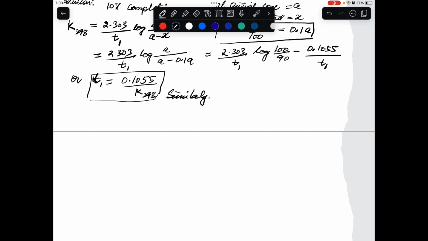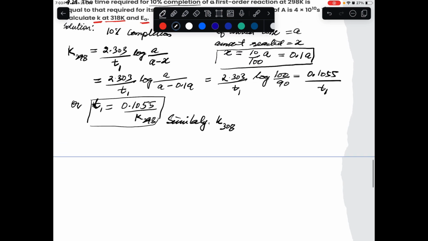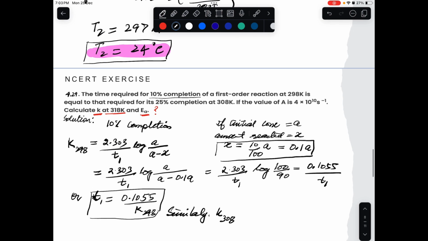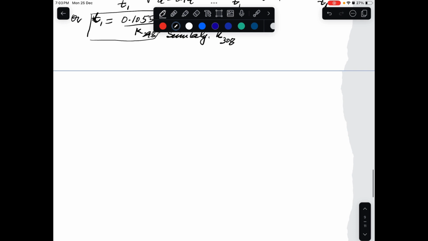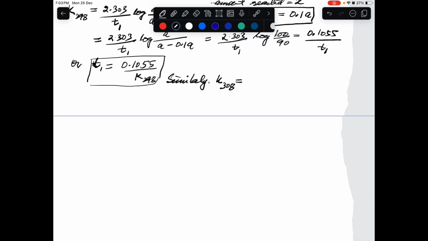Okay. Similarly, we will write the other equation, that is K at 308 Kelvin. That is why we are writing it, because for 25% completion they have given the value. This is written as 2.303 divided by T2 in this case, log of A divided by A minus 0.25A. What is 0.25A? It is the amount value of X for 25% completion.